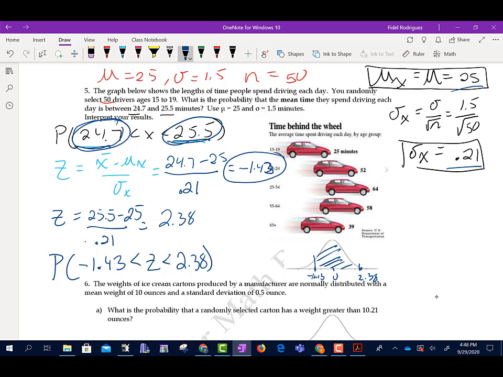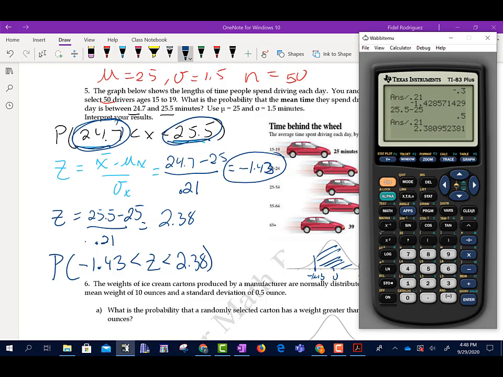Okay, so guys, I'm going to do this using my calculator because I think when we have these kind of bounds, it makes it a little bit easier to do it on the calculator. So I'm going to pull this up here, right? Okay, clear it out. I'm going to go second vars. I'm going to go to my normal CDF. My lower value is that negative 1.43, comma, my upper value is the 2.38.